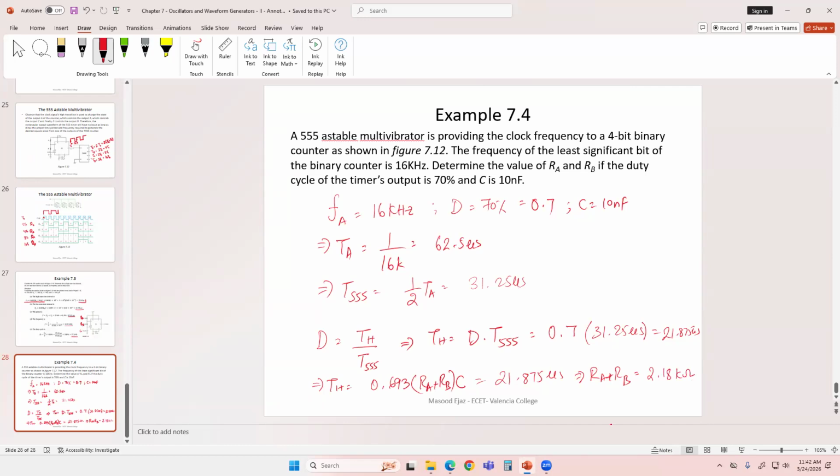Okay. All right. So that is, let's say, our equation number 1.